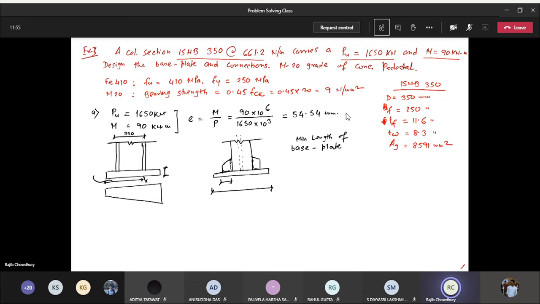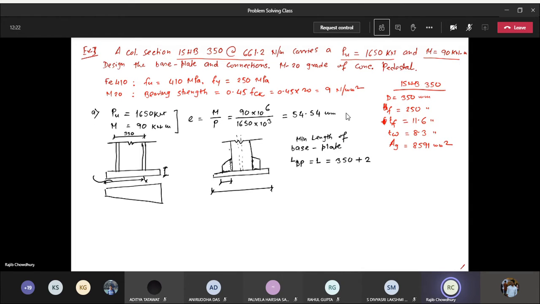Minimum length that is required. So that minimum length of the base plate LBP, or otherwise I can simply write L, would be equal to 350 plus 2 times the projection of the gusset plate from the column flange.